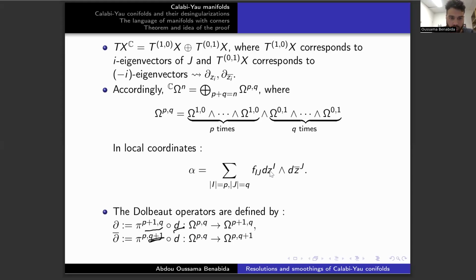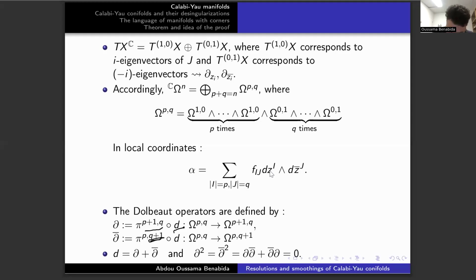So the exterior derivative is the sum of these, projecting on the (p+1, q) part plus projection onto the (p, q+1) part, and they satisfy that d squared is 0, del bar squared is 0, and del del bar plus del bar del is equal to 0.